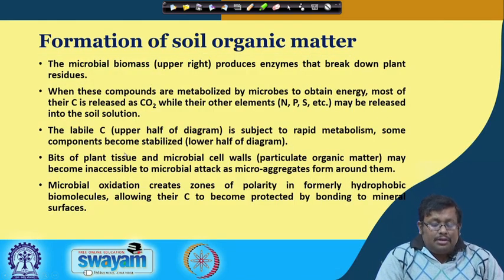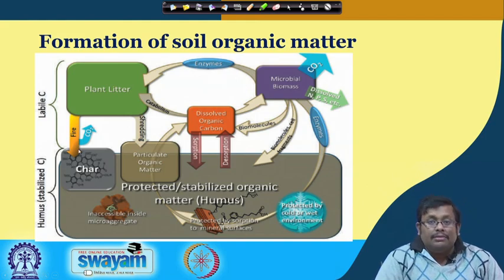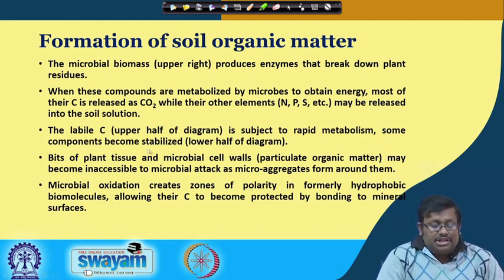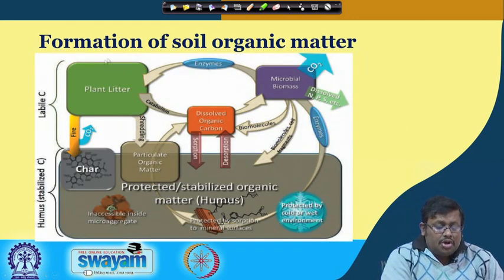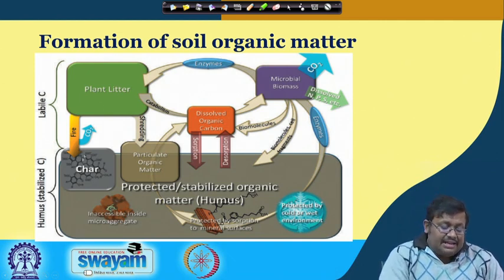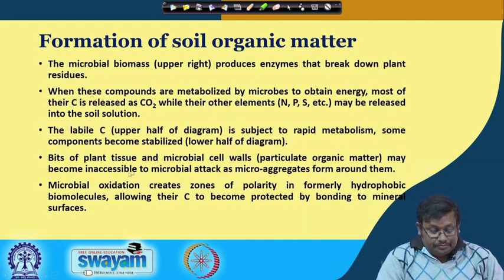So the labile carbon is the upper half of the diagram, and this is the humus, or stabilized form of carbon. Remember that this labile carbon is subjected to rapid metabolism. Some components become stabilized and go to this pool, that is humus.